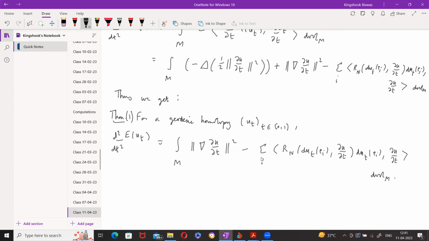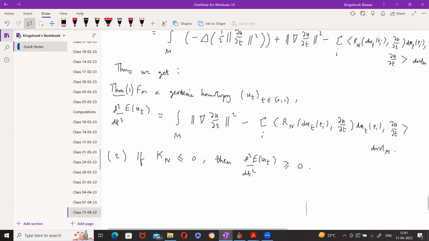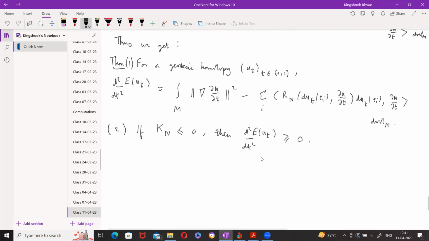So this implies immediately if the sectional curvature of n is non-positive, then you can see from the above that the second derivative of the energy along a geodesic homotopy is greater than or equal to 0. So that means the energy is convex along geodesic homotopies when the target has non-positive sectional curvature.